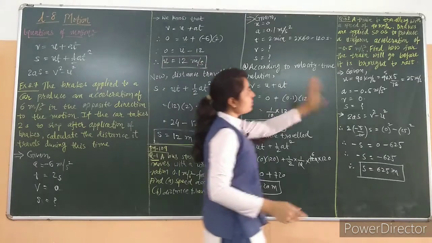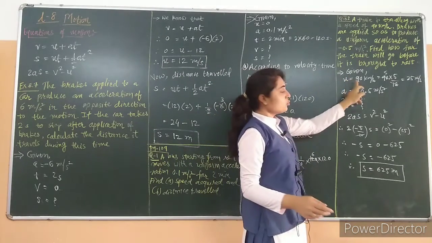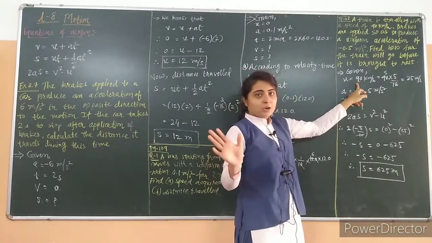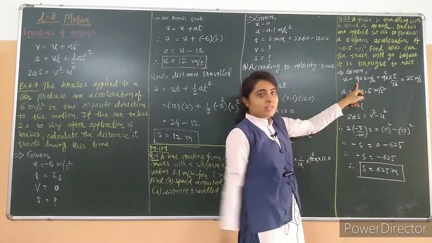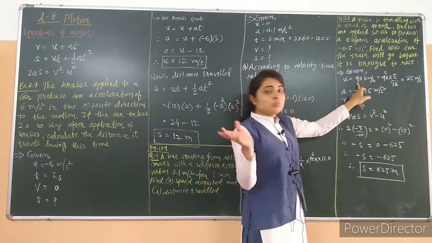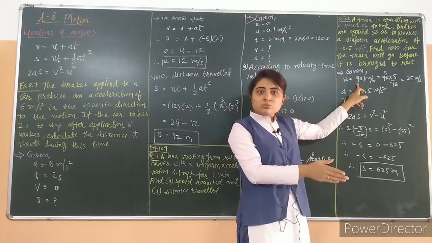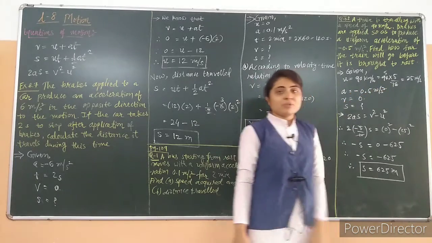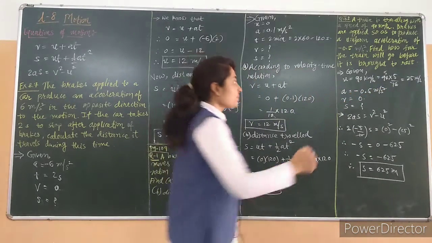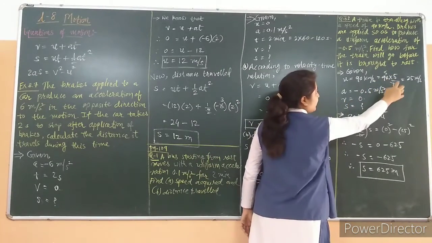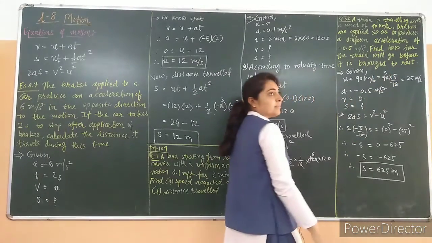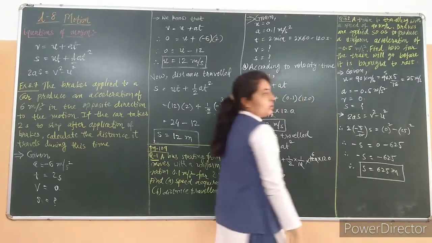So can we list out the data? Yes, given u, initial velocity, is 90 km per hour. The train is traveling with 90 km per hour. So kilometer per hour should be converted into meter per second by multiplying with 5 by 18. So 90 into 5 by 18 is equal to 25 meter per second.